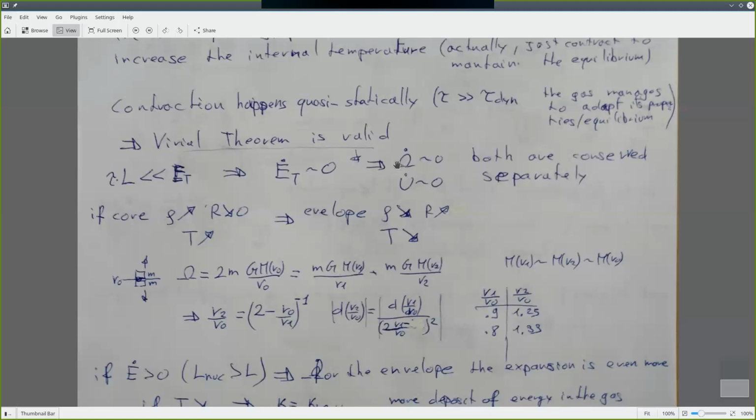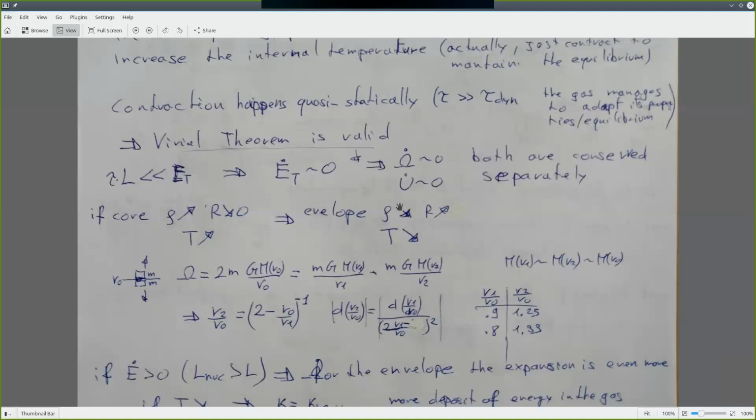If you derive this, we get that if the total energy is constant, then both gravitational energy and internal energy are conserved separately. It's not that the sum is conserved, but they are conserved separately. So gravitational energy must be conserved and internal energy must be conserved.